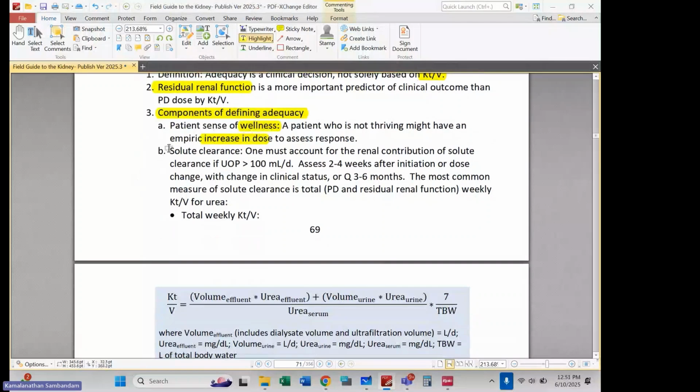I'm here just reinforcing that Kt/V is one measure of adequacy, not just a sense of wellness. If a patient has at least 100 cc's of urine, account for that residual kidney function for calculating Kt/V or total Kt/V.